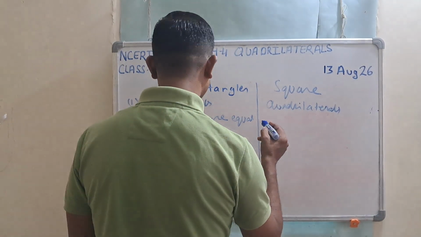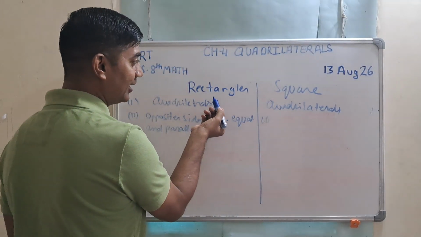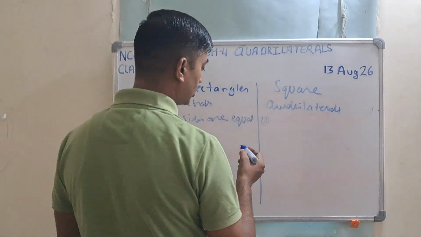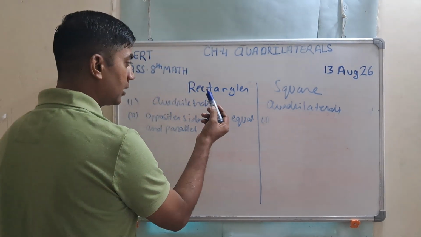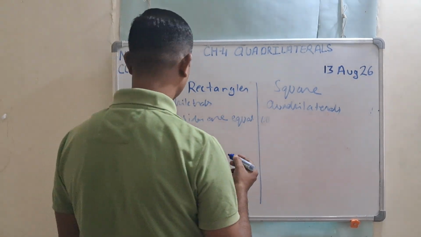In this case also, till now a square is a rectangle also, or we can say a rectangle is a square also.